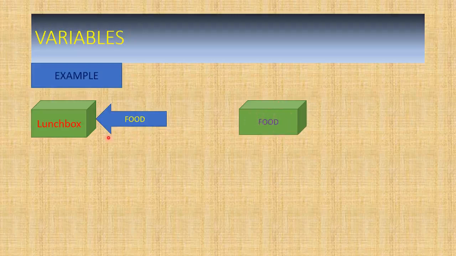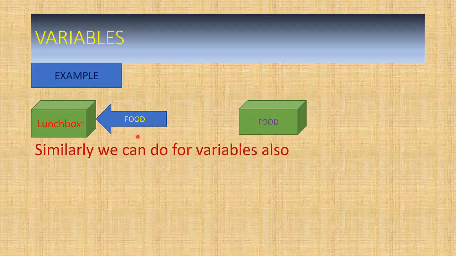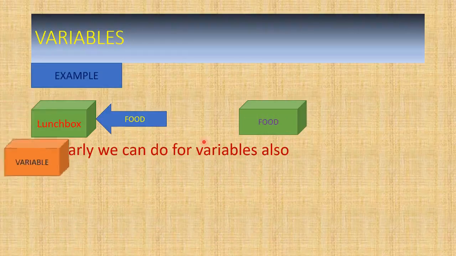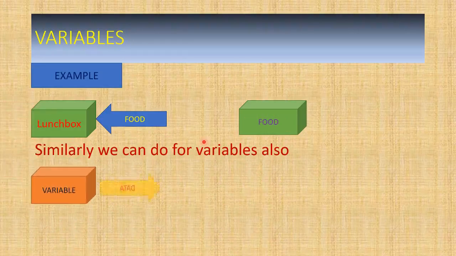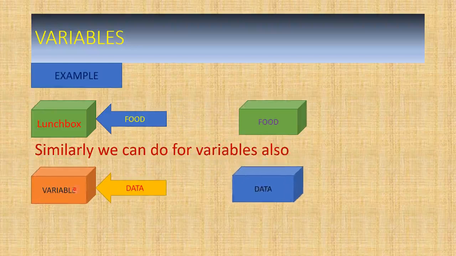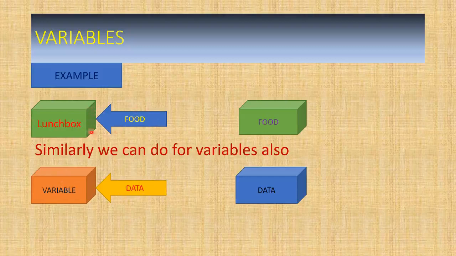In a similar fashion, we can also understand the concept of variables. Suppose here the variable acts as a lunchbox. So I am replacing the lunchbox with a variable. Consider the variable as a lunchbox and data as food. In the same way that you store food in the lunchbox, the data is stored in the variable.